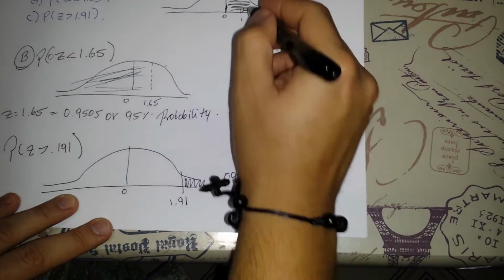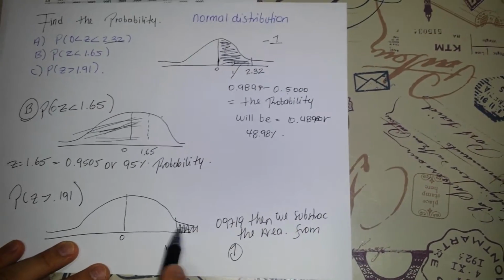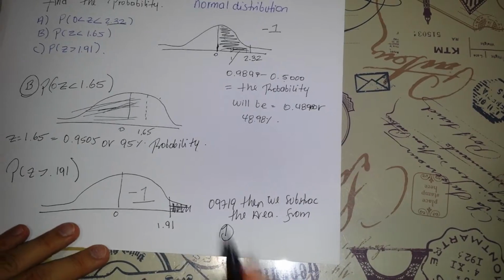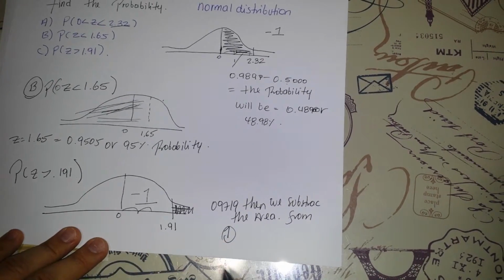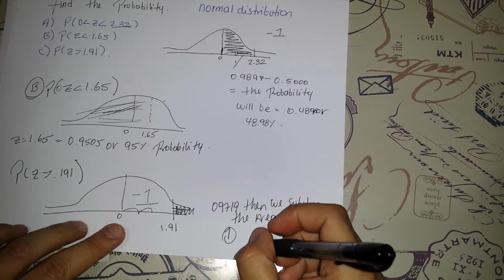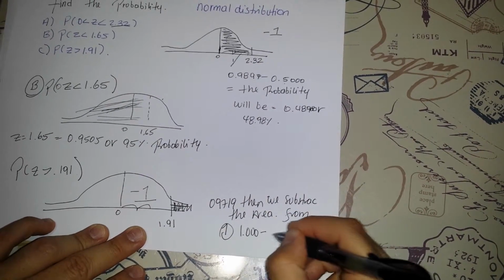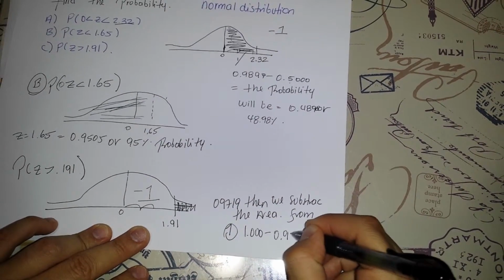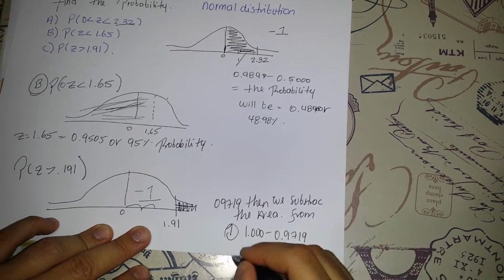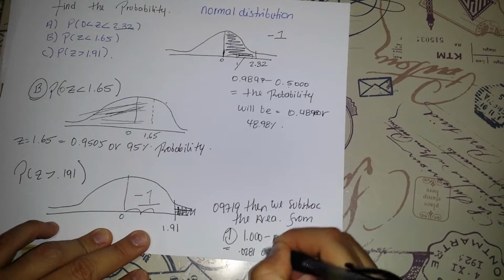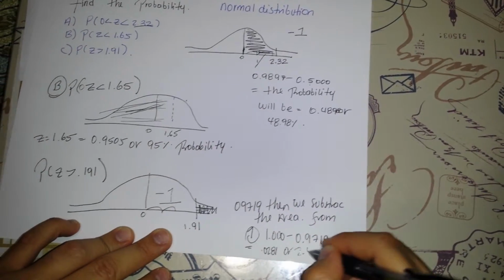Like in this example here, if the z value is here, we always have to subtract by 1. So it's closer to the standard values. And that would be 1.00 minus 0.9719, and it's going to be a probability of 0.0281 or 2.81%.